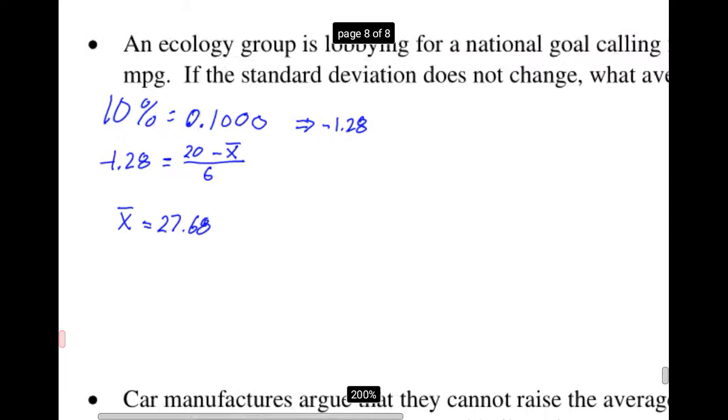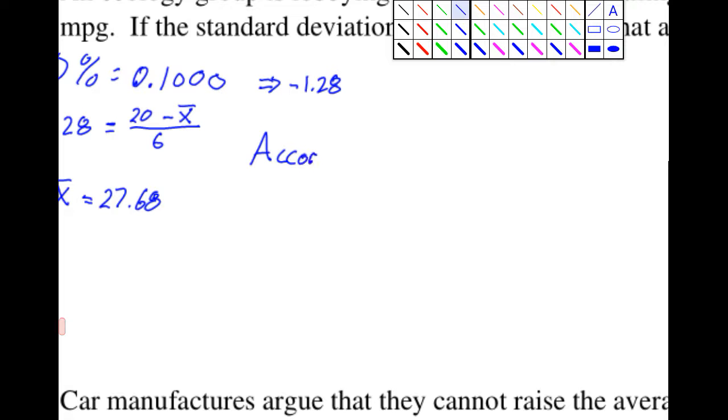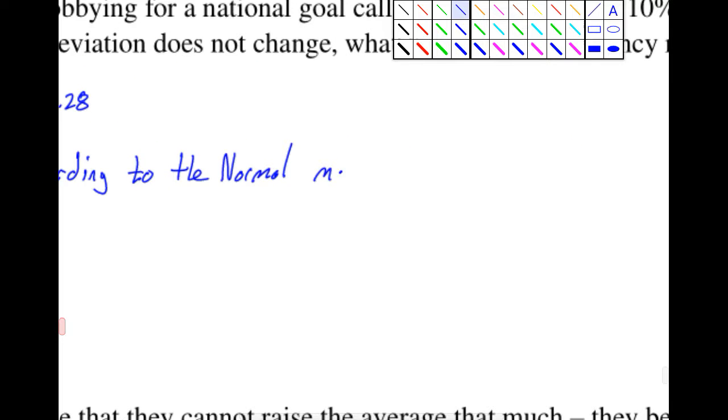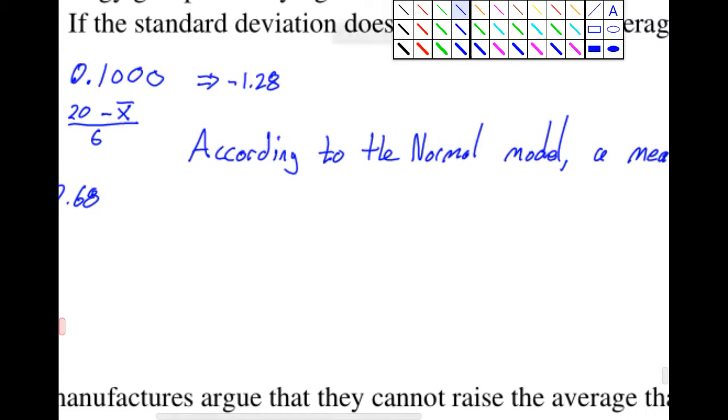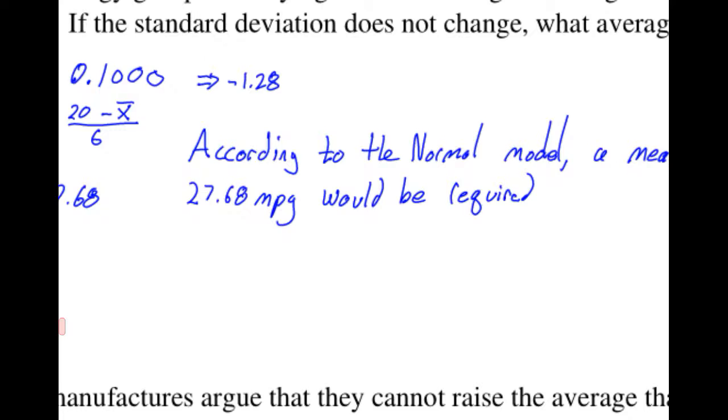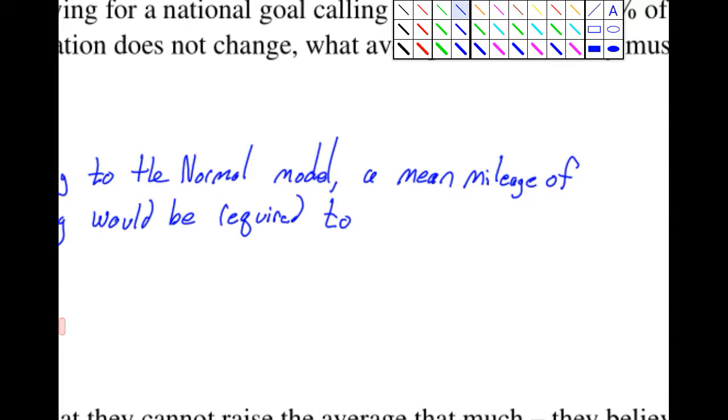So, according to the normal model, a mean mileage of 27.68 miles per gallon would be required to meet the new goal.